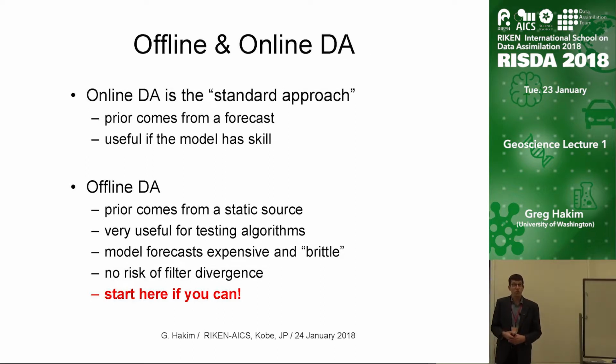Yes, there was a question or a comment. I'm a little confused as to what you mean by skill. Yes, by skill I mean if you compare the forecast with a reference source like the climate, the stationary climate, that there's some meaningful difference there.